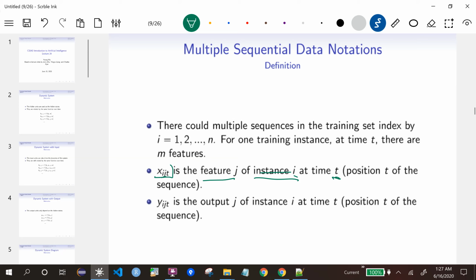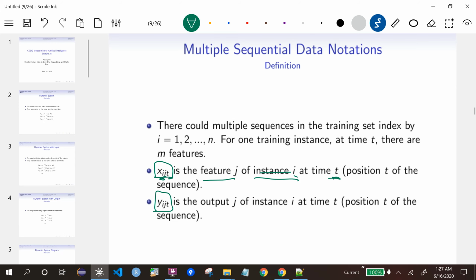So the x can be stored in this kind of three-dimensional array, and the first two dimensions are like what we had before, but there is another dimension: in the same instance, in the same sentence or same document, we have multiple words in sequence, and we're going to subscript it by t.